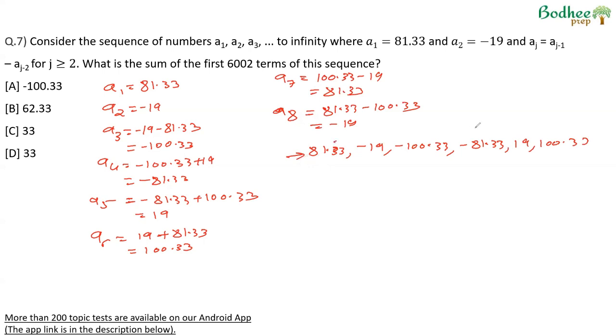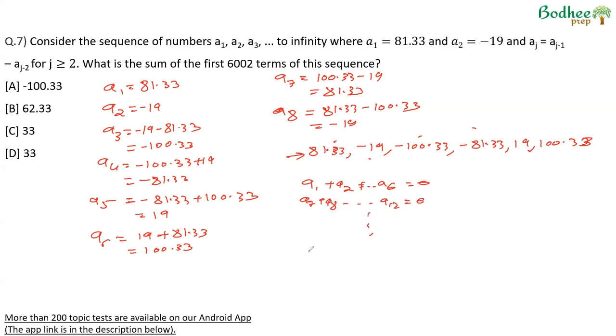As we can see, the sum of this will be 0 because each term has its negative in the sequence. So A1 through A6, the sum will be 0. A7 up to A12, the sum will be 0, and so on.